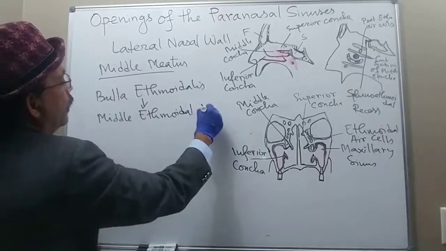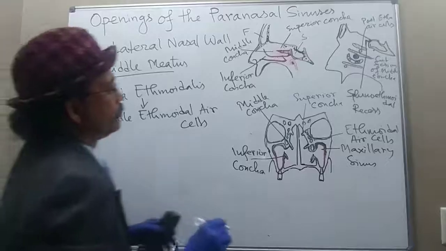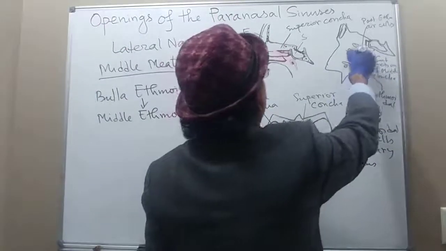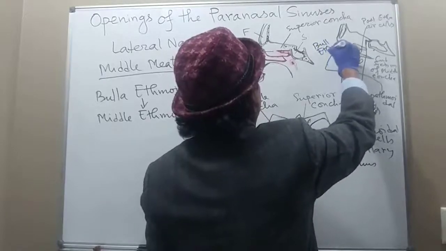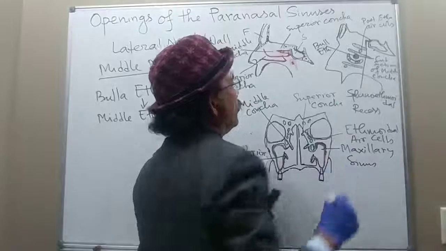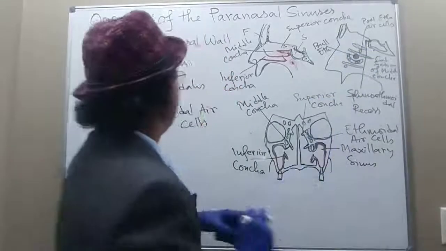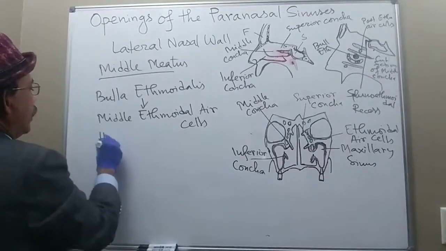So this is the Bulla Ethmoidalis. Okay. So underneath the Bulla Ethmoidalis, still in the middle meatus, we have the Hiatus Semilunaris.